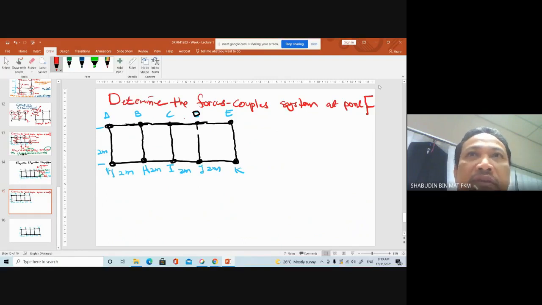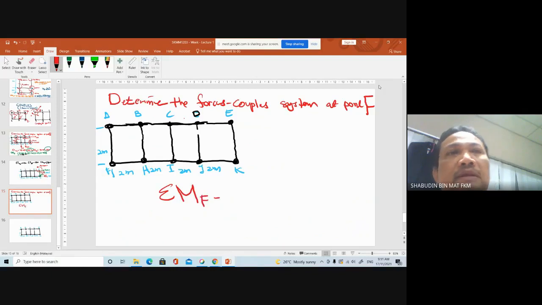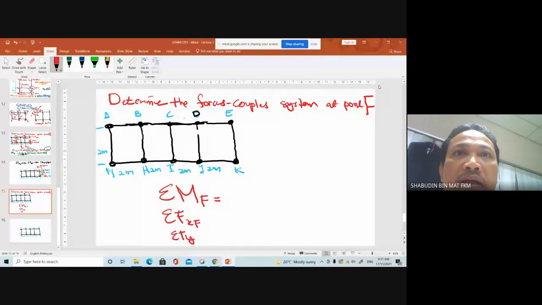Okay, at point F, get the moments. Summation of moment at point F, tell me what it is. You know the summation of force in X and summation of force in Y at point F are equal to everywhere in the system.